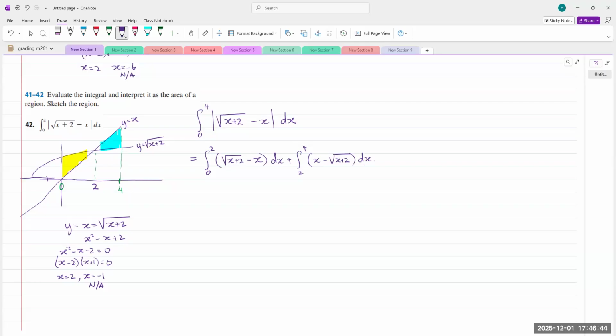Now, when we compute, this will be integral from 0 to 2 of square root of x plus 2 dx, because I need to do substitution, minus integral from 0 to 2 of x dx, plus integral from 2 to 4 of x dx, minus integral from 2 to 4 of square root of x plus 2 dx.